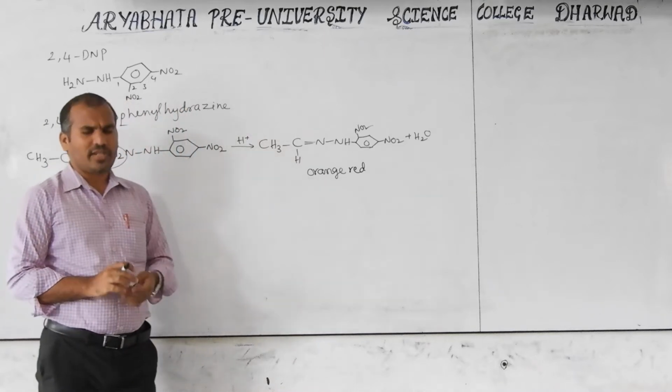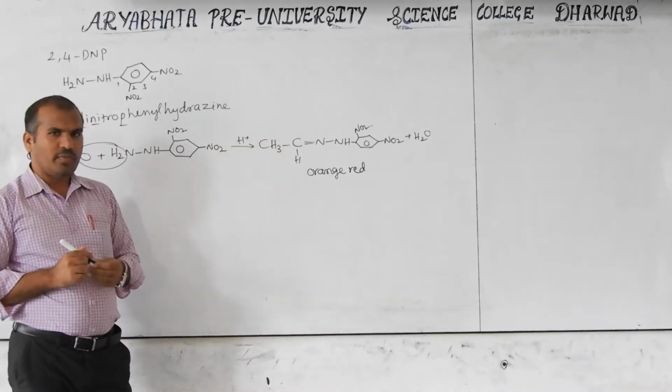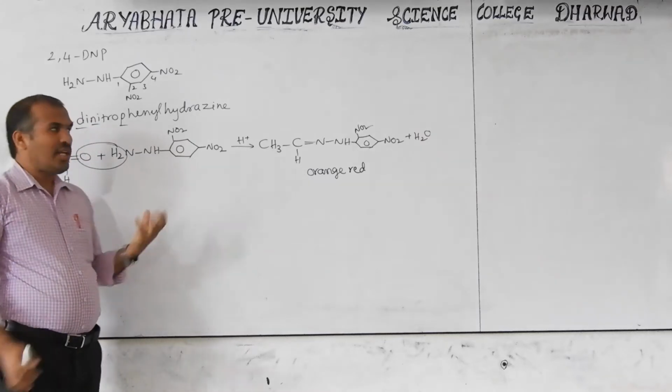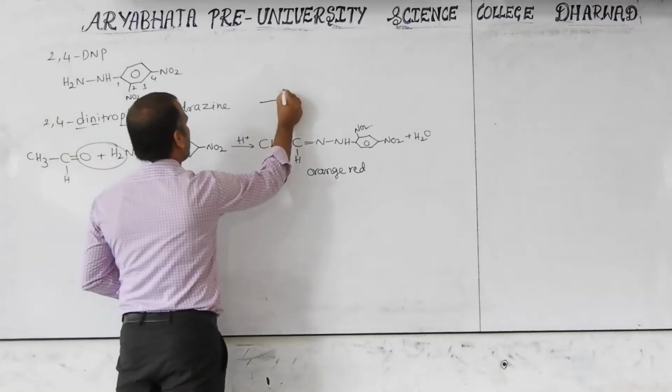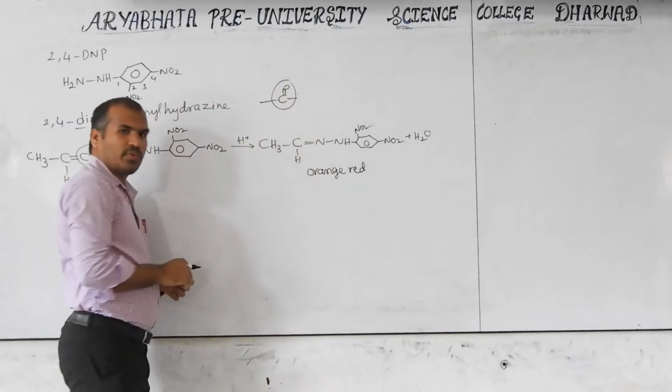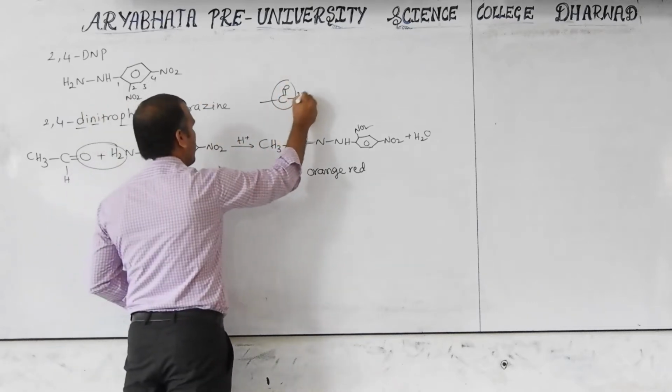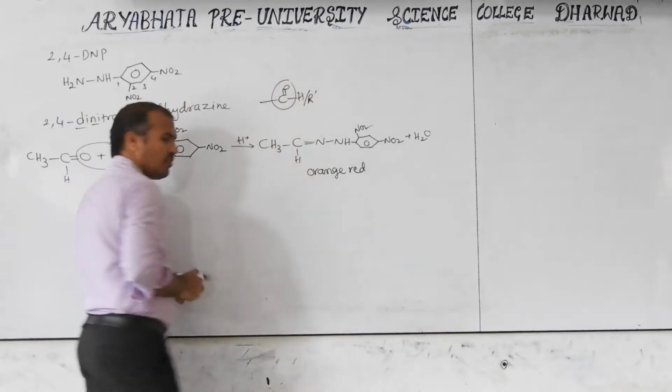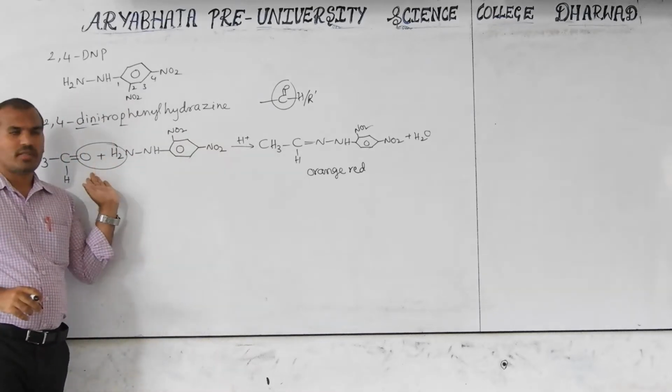It is used for identification of aldehyde and ketone, to identify the carbonyl group. This is a carbonyl group, C double bond O. To find out this group, generally aldehyde and ketone will give this test. Aldehyde and ketone give this test.